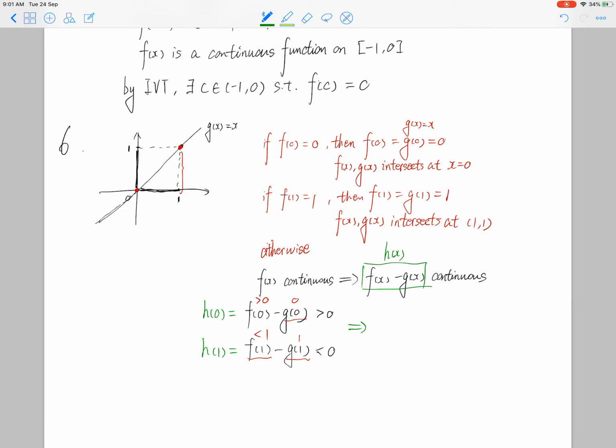So by the intermediate value theorem, there exists some c between 0 and 1 such that h(c) equals 0. h(c) equals 0 means f(c) minus g(c) equals 0. So the proof is done.